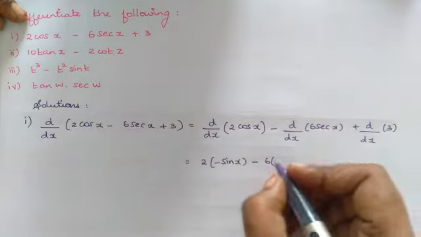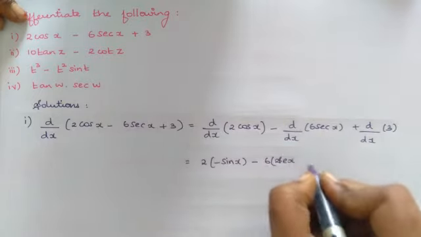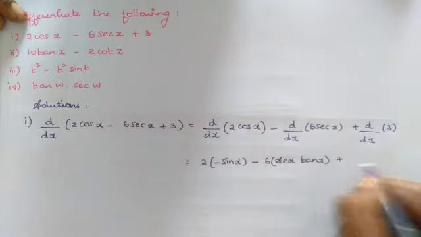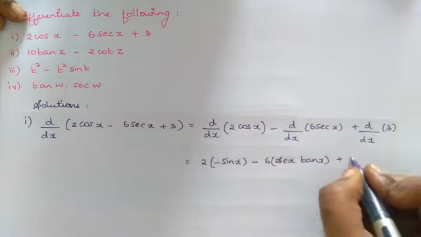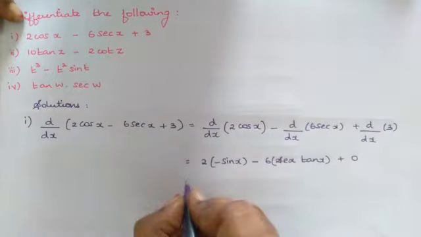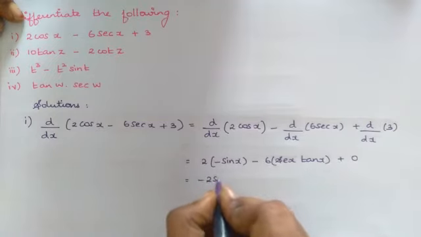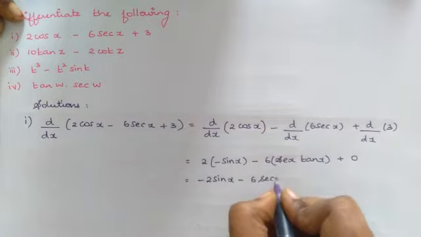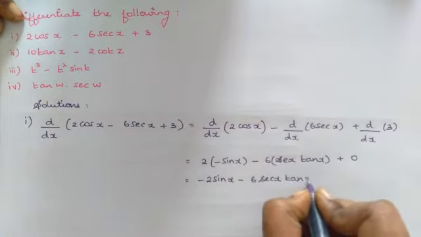When you differentiate, this is nothing but secant x tan x. Then the derivative of a constant term is 0. That's it. So we are done with this. Let's simplify. This is minus 2 sin x minus 6 secant x tan x.